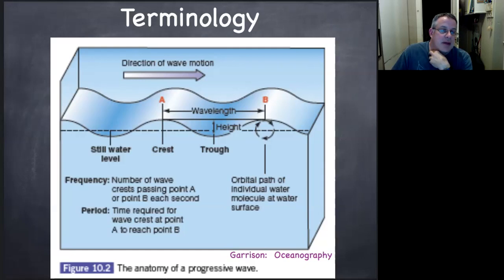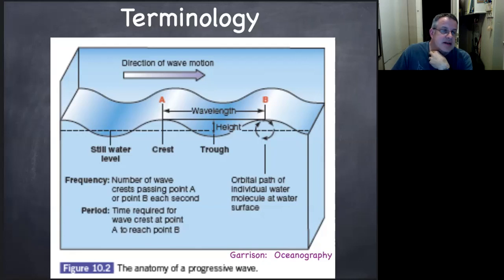And the wavelength is the distance from crest to crest or trough to trough. The orbital path or orbital velocity is the motion that the water makes as the wave passes by, which is often represented as a circle. It is very circular in most cases.